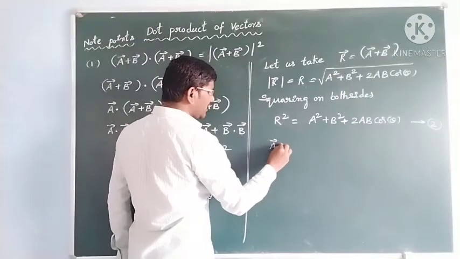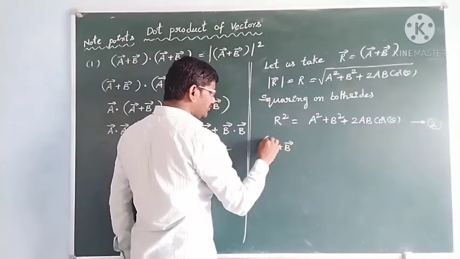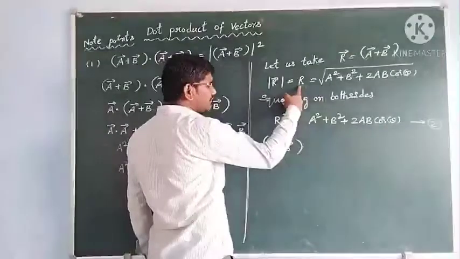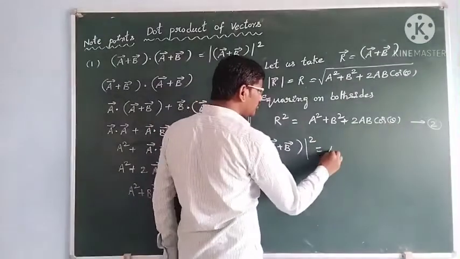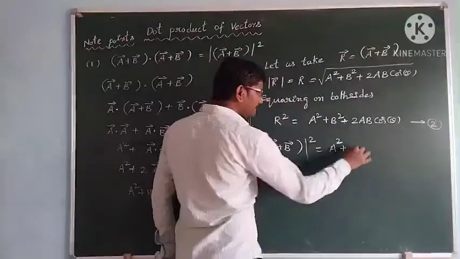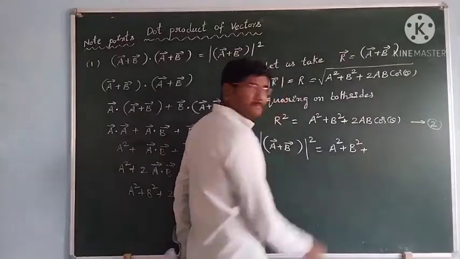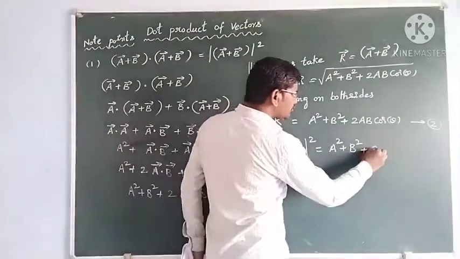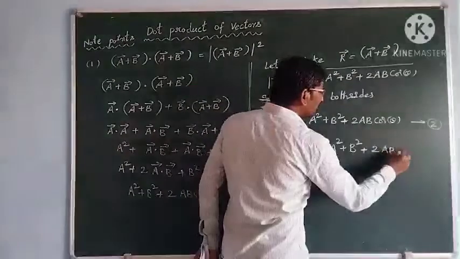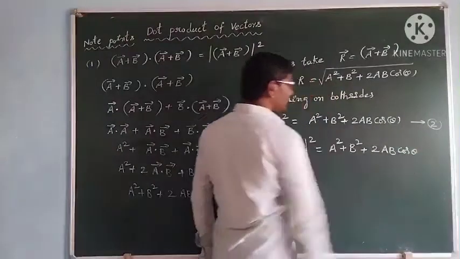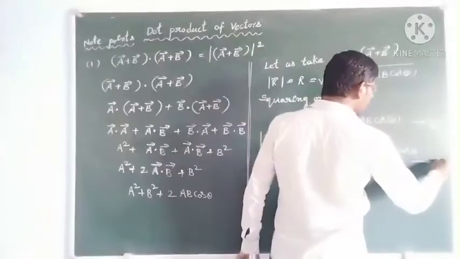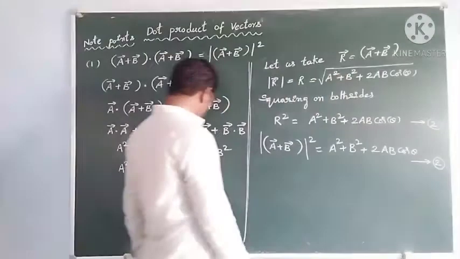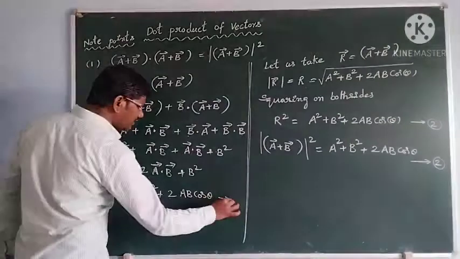So if we add A bar plus B bar, we get a vector. Its magnitude square is A square plus B square plus 2 into A into B into the cosine of the angle between them. Okay students, this is equation number 2, and this is equation number 1.